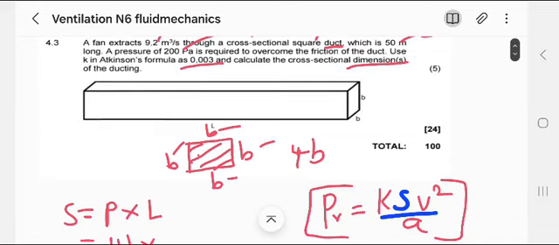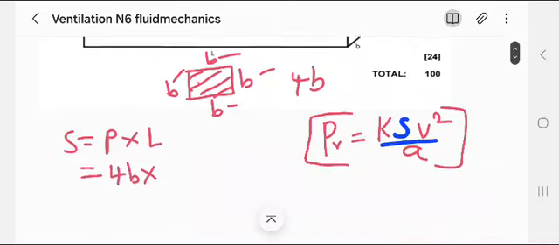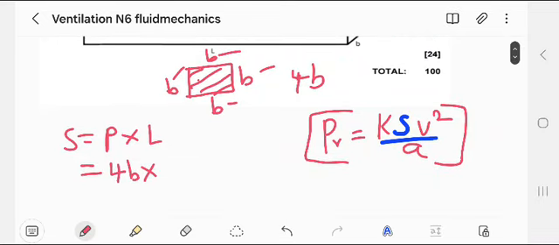The length is 50, as you can see they've given us. Multiplying 4 by 50 is 200, so we have 200B.